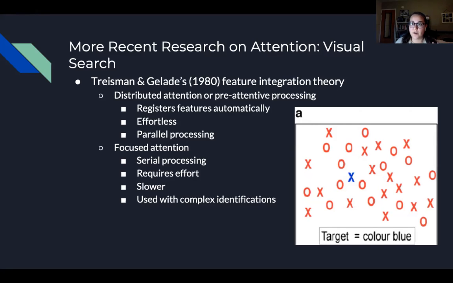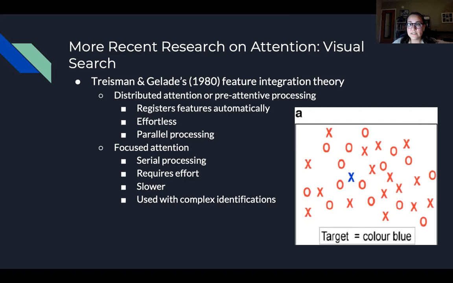It uses these really automated processes to be like, oh, those three objects, got it. As you can imagine, these are simpler attentive features of stimuli, pretty low level and pretty basic. And then in contrast, there's what they called focused attention.